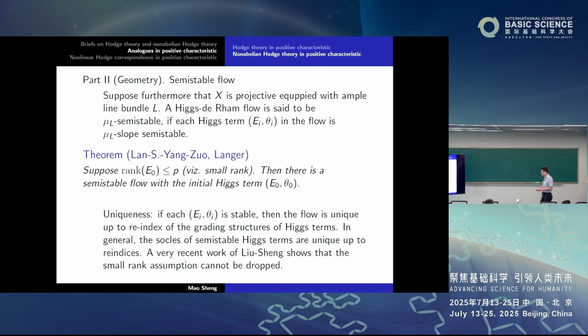This was not known before. We conjectured that every semi-stable Higgs bundle leads to a semi-stable flow, a so-called strong semi-stable. First, we proved that the small rank is okay, but now we know that this works basically only for small rank.